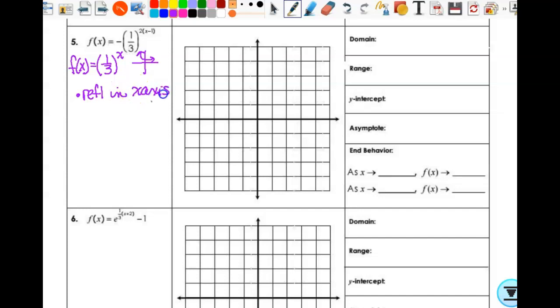X-axis. The 2 means that is a horizontal what? Compression by 1/2. And the 1 means I go right 1. Where is my horizontal asymptote? 0. We always want to graph that in first.